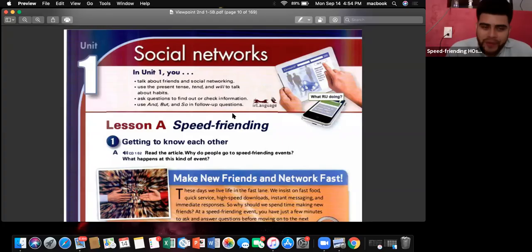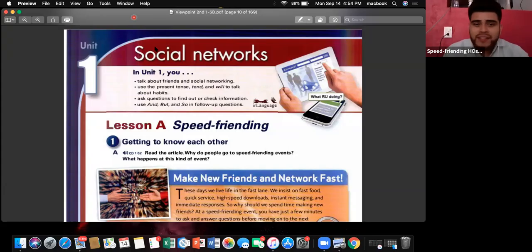Well, we're gonna begin with obviously the first unit. I don't know if you remember, in the other books, 1, 2, 3, and 4, they had one entire page dedicated to the unit opener, where it tells you what you're going to learn in this unit, and then it has a little activity before you begin.